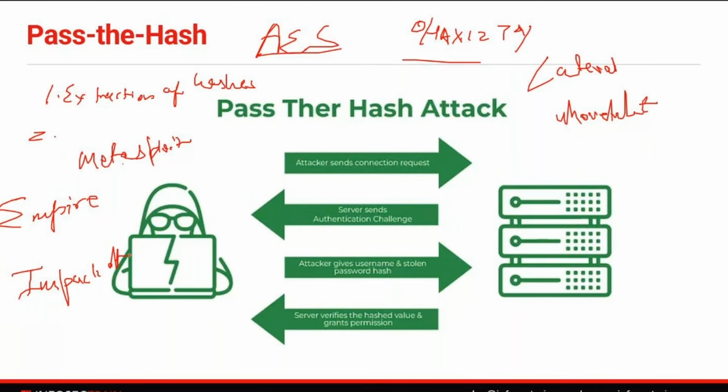Impacket has lots of scripts which will help you in sending the hash for authentication to the target. So if a service, let's say SMB, is running, over SMB also you can perform the attack, right? So that's your pass the hash.